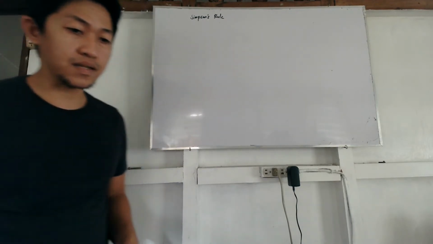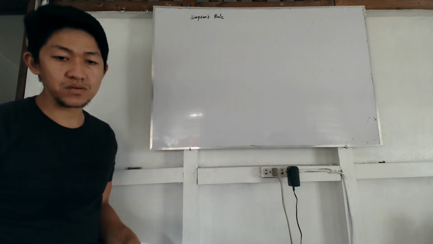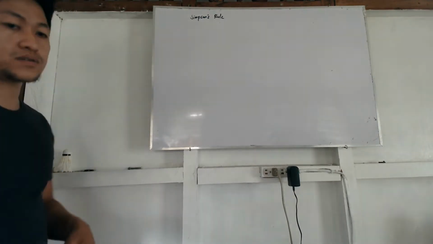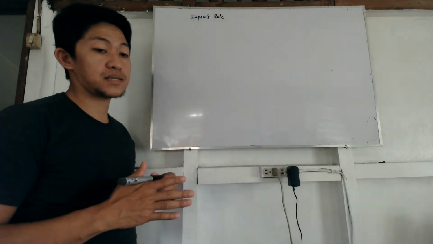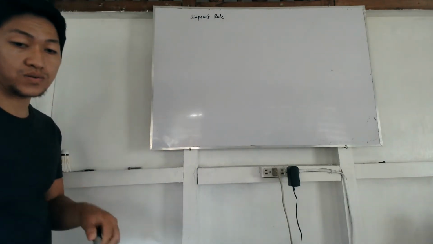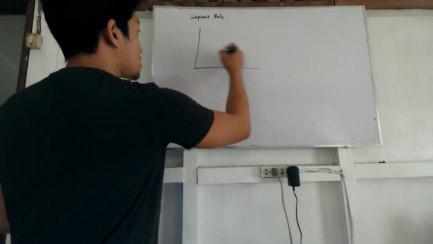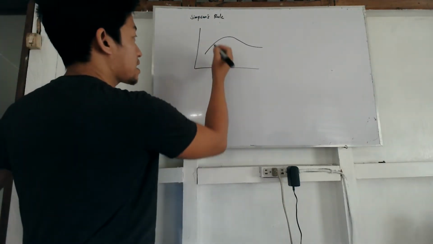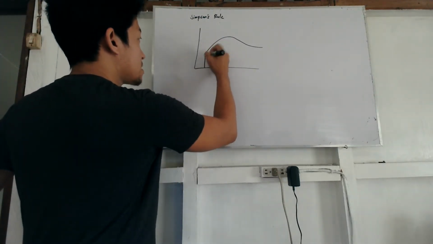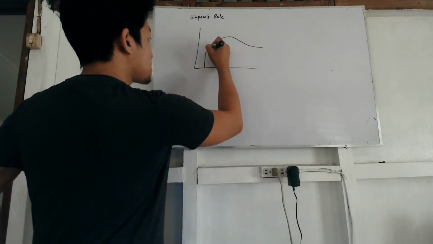Just like the trapezoidal rule, the Simpson's rule also has a multiple application, where you can divide it into many segments. If you have this function, you can divide this one into segments.